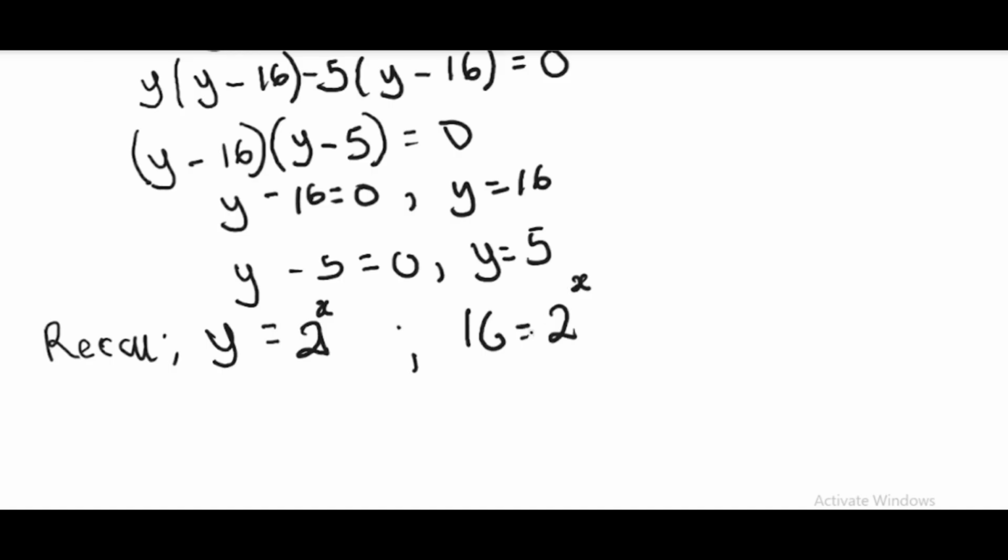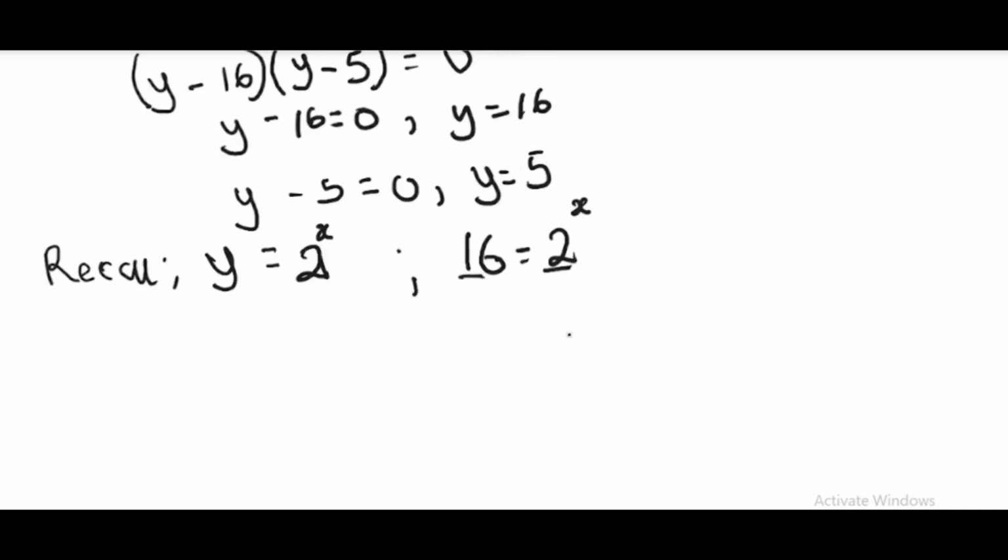Okay? So now that the unknown is in the index, we'll express these two to be in the same base. So since 16 is a multiple of 2, we will have it that 2 raised to the power of 4 is equal to 2 to the power of x. So the bases can cancel out, and then we'll have our x to be equal to 4.